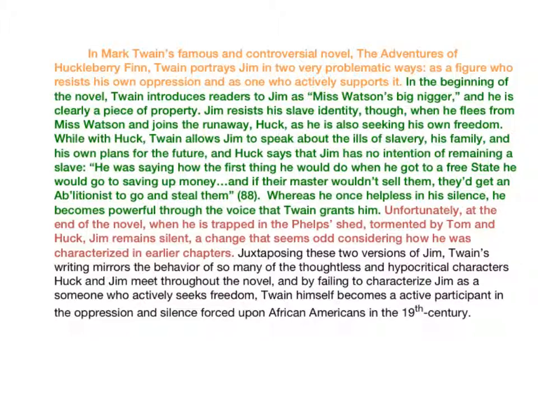He grants Jim agency, power over his own life. But the writer, the guy who is in control of this character, suddenly takes that voice away. I think that's a problem. And as I say in my thesis, the last line and a half, Twain himself becomes an active participant in the oppression and silence forced upon African Americans in the 19th century.